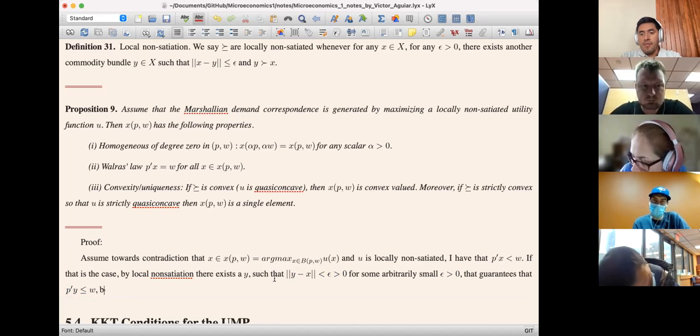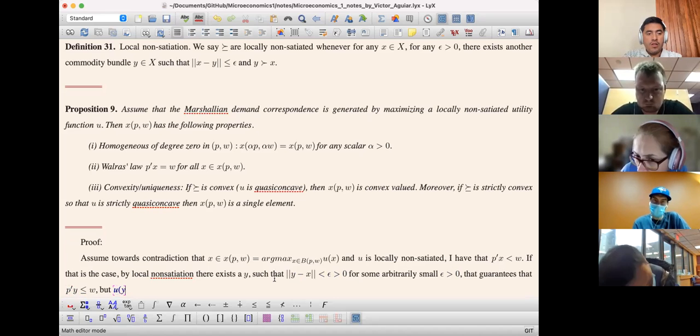But the utility of Y is strictly greater than the utility of X.